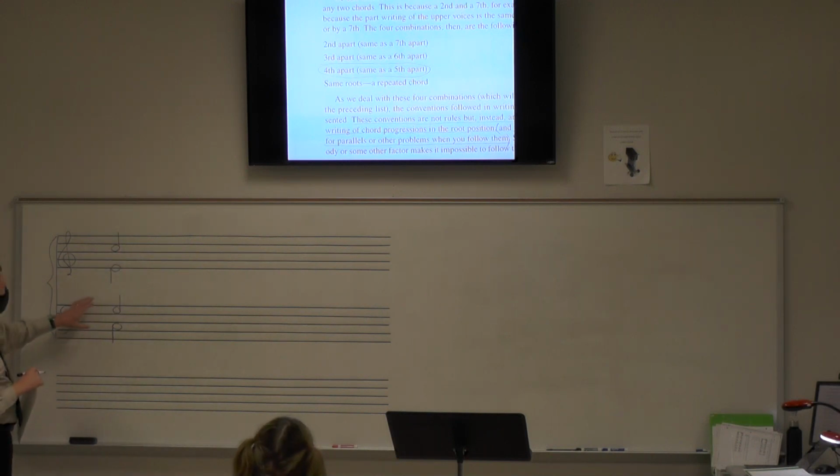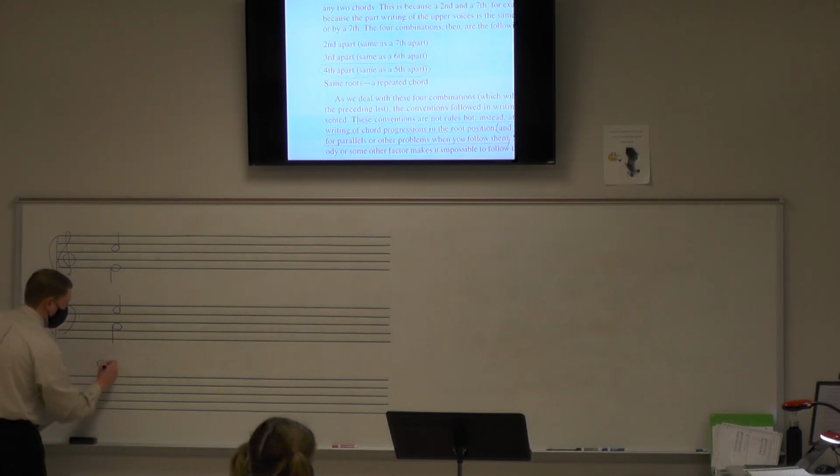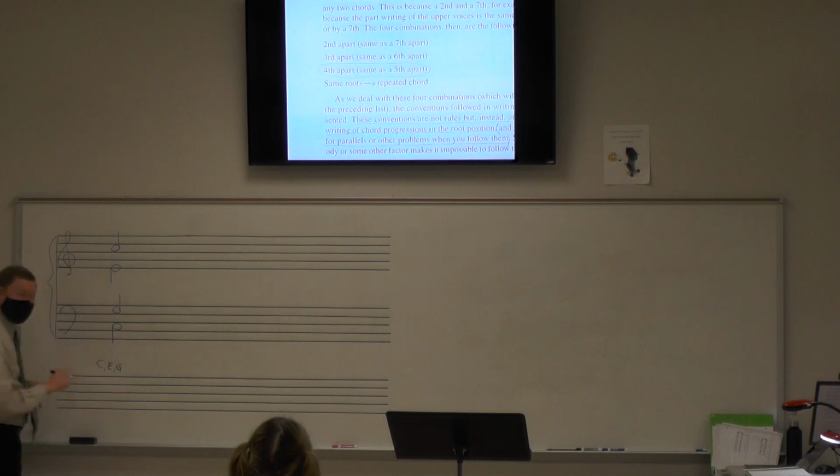First of all, the members of the chord have to be present. C, E, and G. Okay? I don't want you leaving any out, at least not yet. Not only do all members of the chord have to be present, but as I've said in many classes now, you need to make sure that the root of the chord is duplicated or doubled.